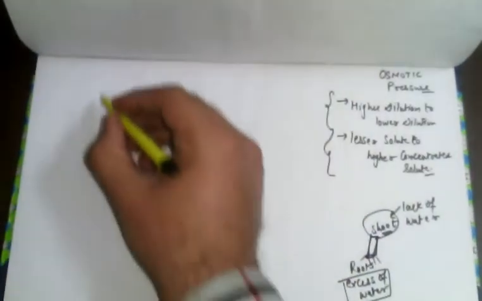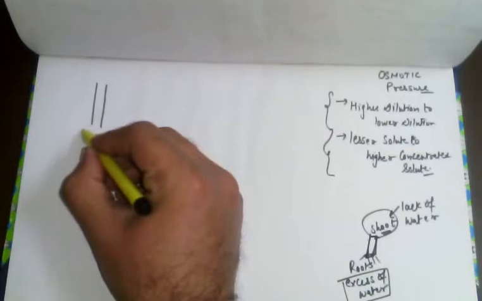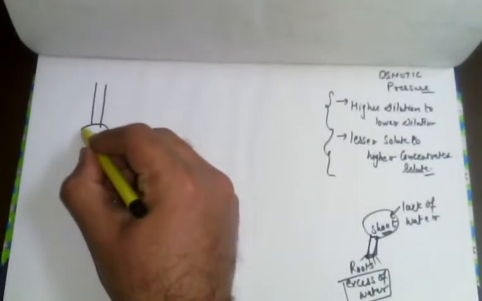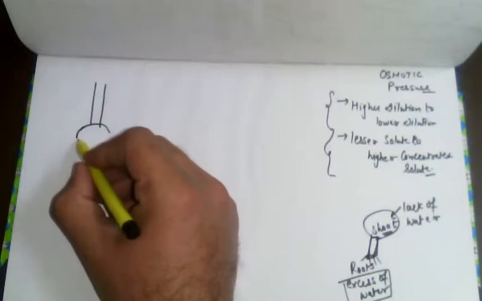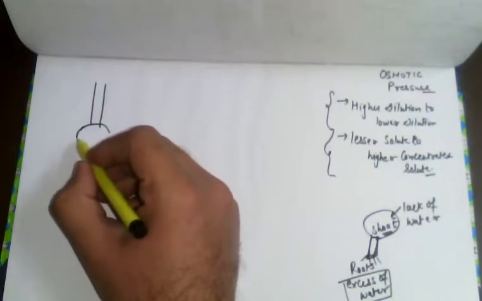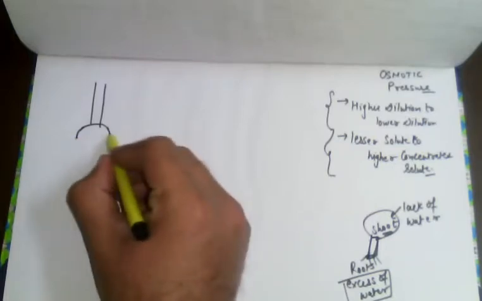Suppose, let's talk experimentally. If I take a thistle funnel, what is the shape of a thistle funnel? I just invert it. If I take an inverted thistle funnel with the mouth, this one is the mouth, these 2 points are the mouth.